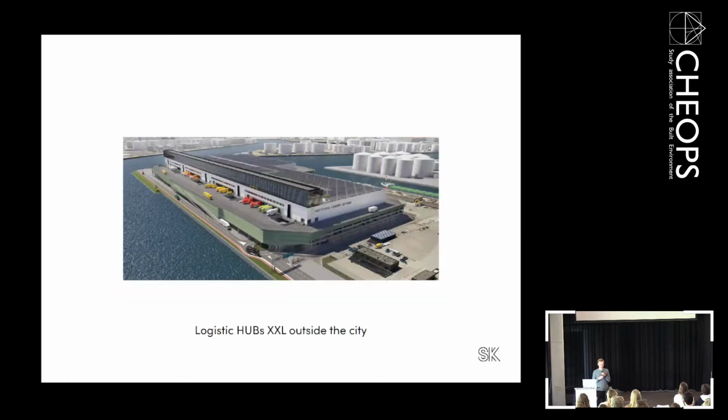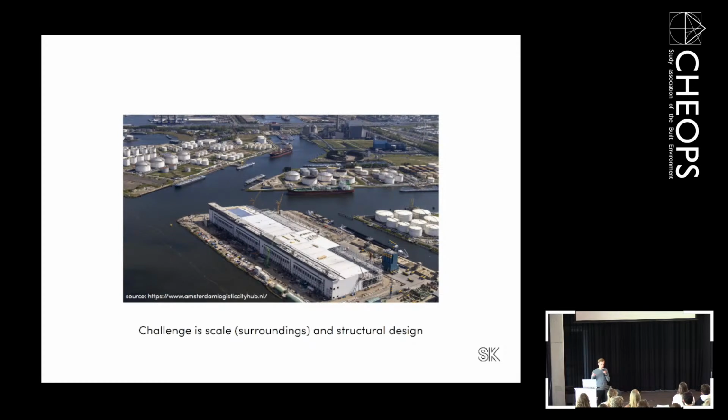But there need to be more large-scale logistical hubs on the edge of the city, very close to, such as here in Amsterdam, where there will be boats with a lot of packages delivering to these central facilities, and then they can distribute it to the smaller local hubs in your neighborhood.